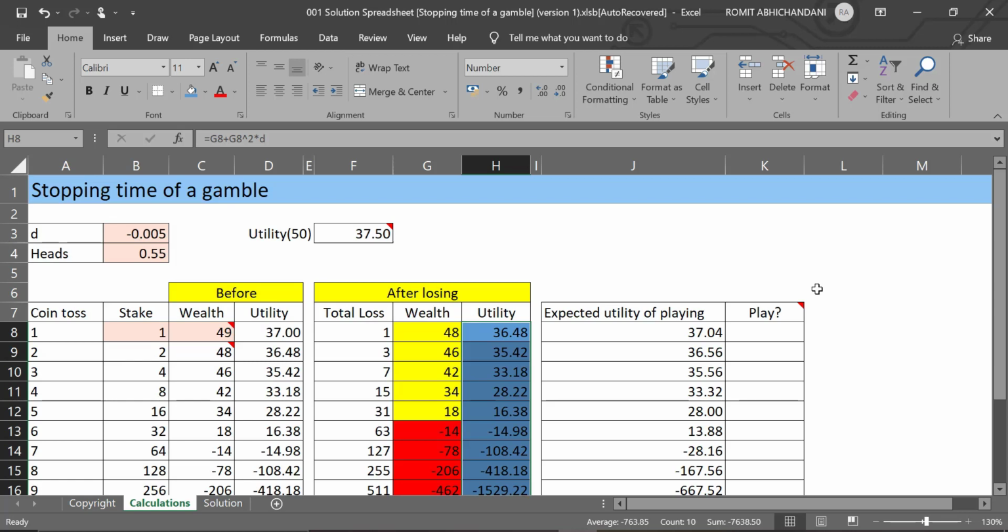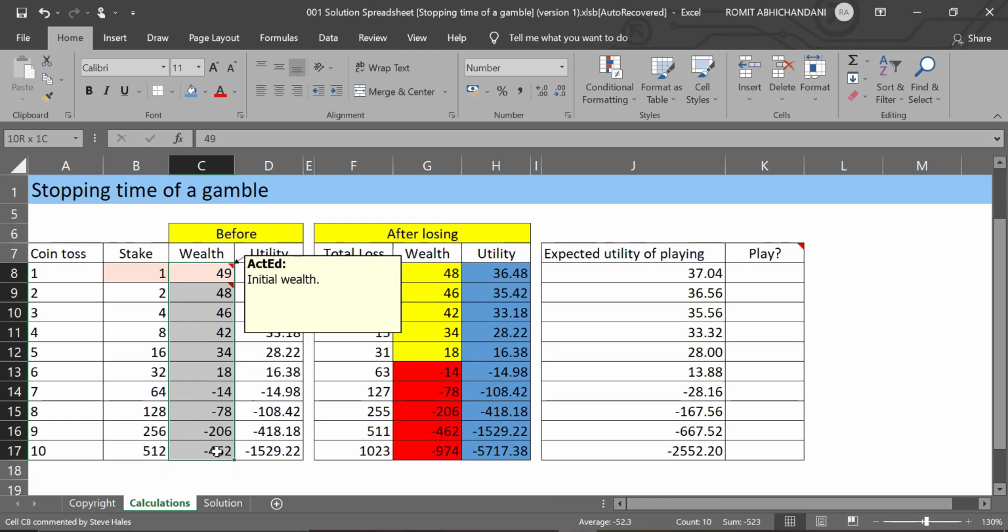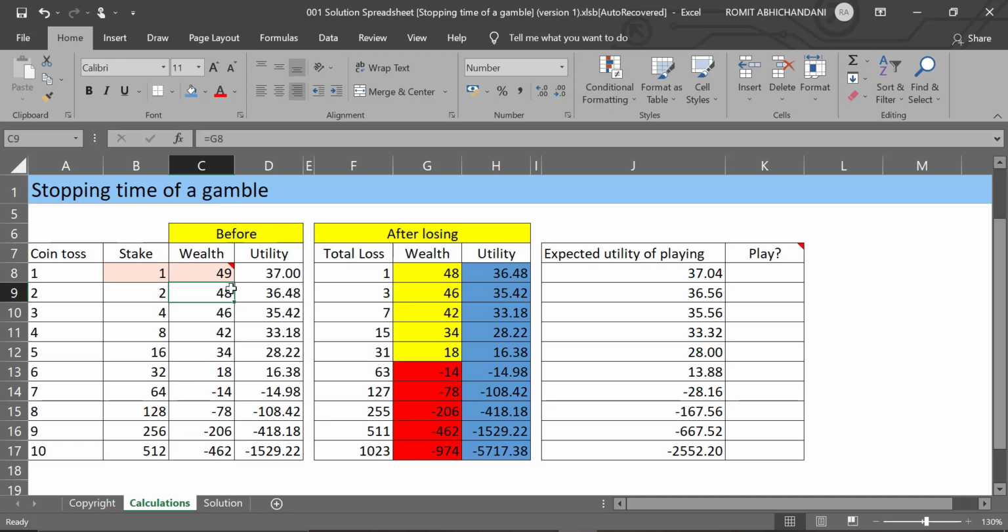That the utility of playing is higher than the utility of not playing. That's only when you play the gamble. So when you're not playing, these are your levels of wealth. These are your levels of wealth before playing. If you don't play at any point, your wealth will be here.